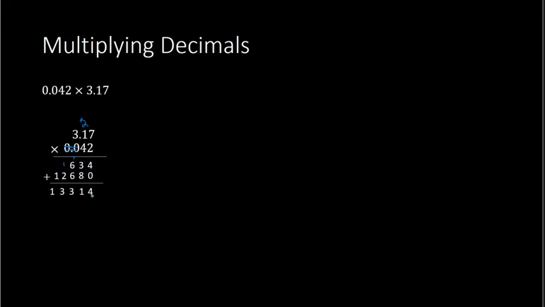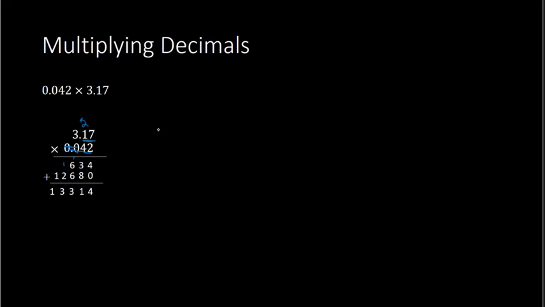Now at the end, I need to determine where to put the decimal point. So to determine that, I look at each number and see how many digits are past the decimal point. So for 3.17, I have 2 digits past the decimal point. For 0.042, I have 3 digits past the decimal point.